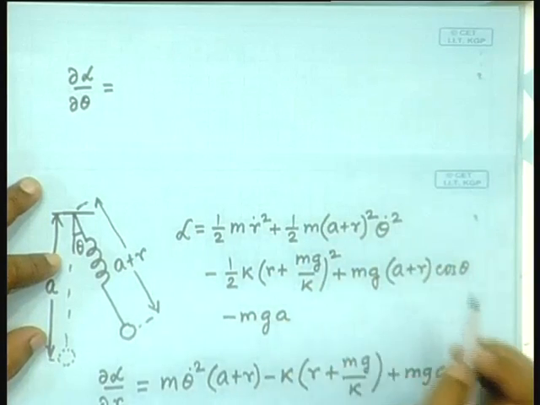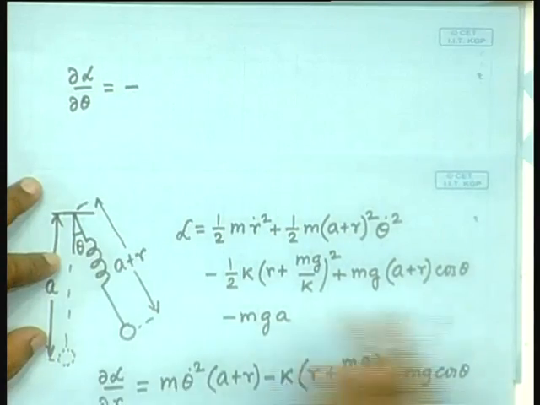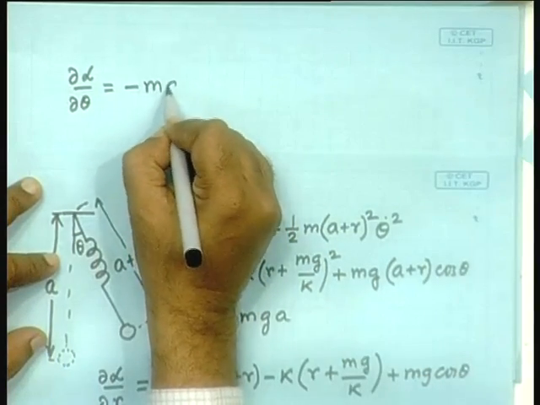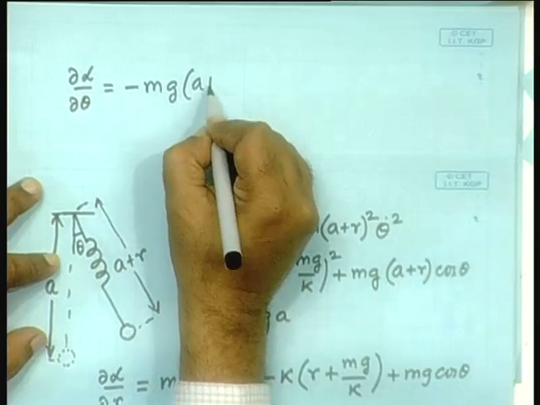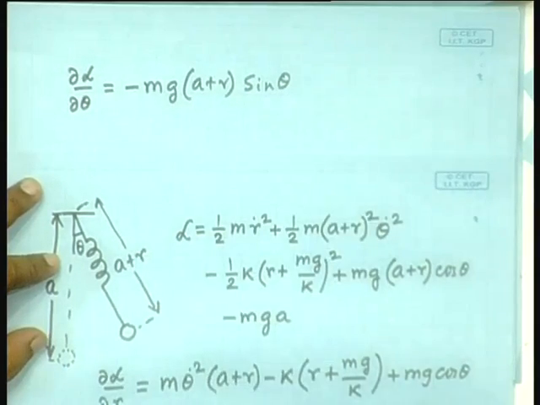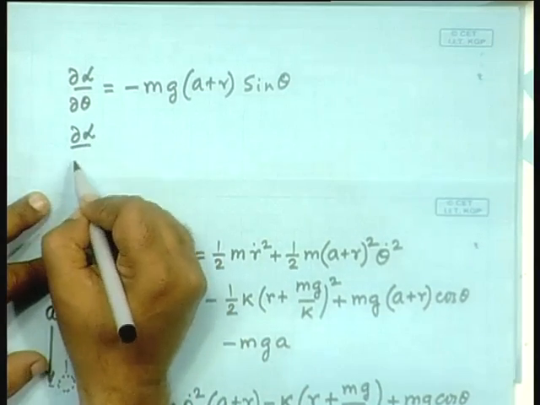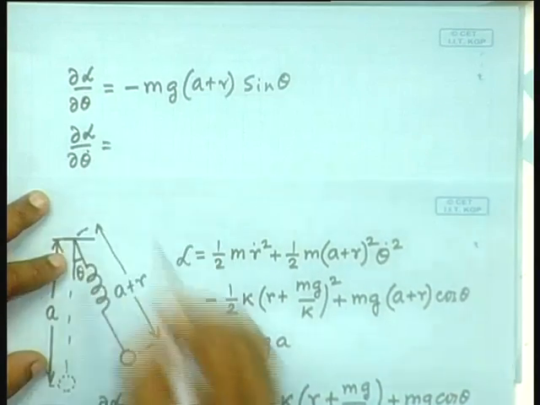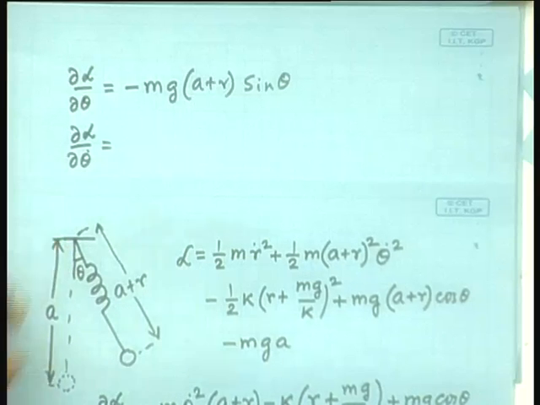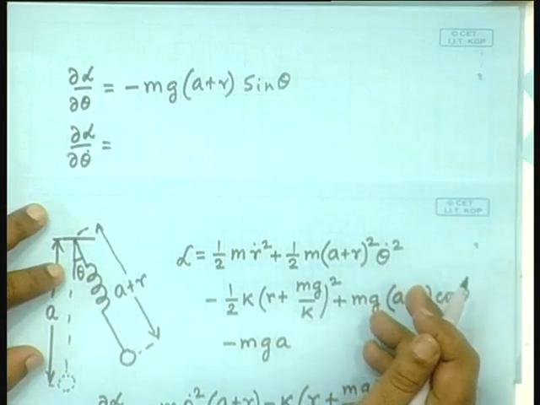It would be, yeah, minus, because cos to sine, mg a plus r sin theta, that does it. Then this term is theta dot, what will remain? Yeah, simple.